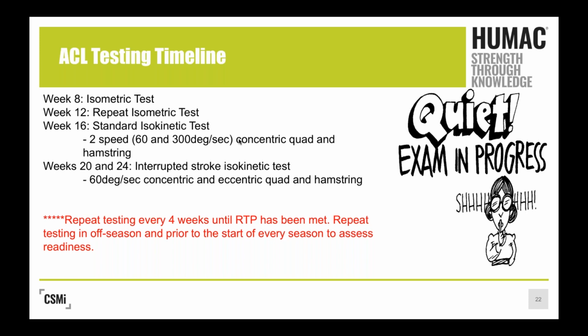Ideally, it's not right before the season. Hopefully, they come in about a month or 6 weeks before the season starts again. That way they can see where they are at that point, and hopefully they test out perfect and they're ready to go. But if they are a little deficient, you can identify those right there, and they still have a month to a month and a half in order to make up those deficiencies before the start of the season.